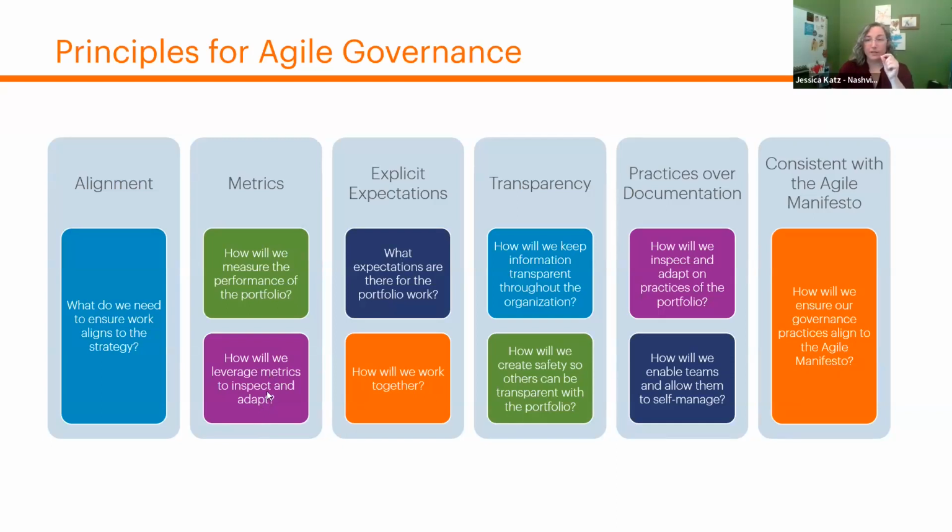And that second one is really tricky. How do we learn from what we've heard and then change what we're doing? But there's certainly some other ones here. Alignment is aligning to strategy. We're going to make all of our expectations explicit. So anybody ever worked in a place that had unlimited PTO, but you weren't really supposed to take the PTO? That's an implicit expectation and not an explicit expectation.